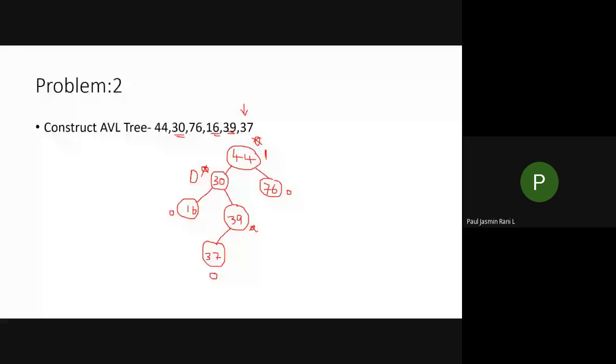So 39 here, what will be the balance factor? Balance factor is 1. What is the balance factor of 30? 1 minus 2. What is the balance factor of this root node 30? Minus 1, ma'am. Minus 1. Okay. Any other node to be updated? Yes, 44, ma'am. Yes, you have to update the 44.